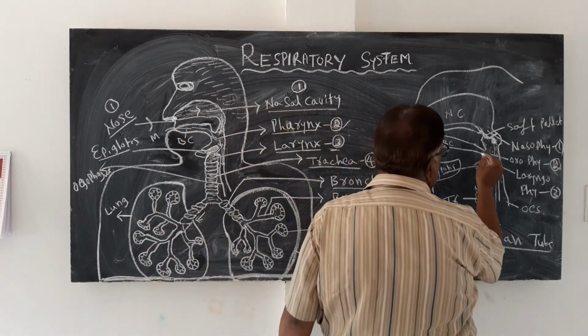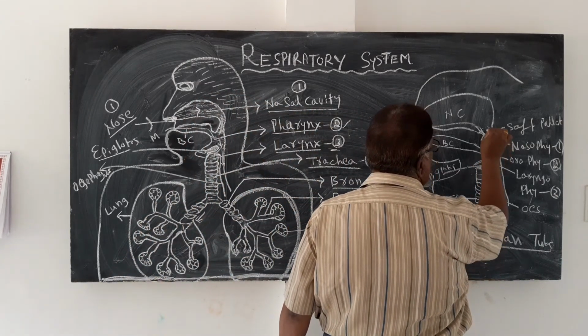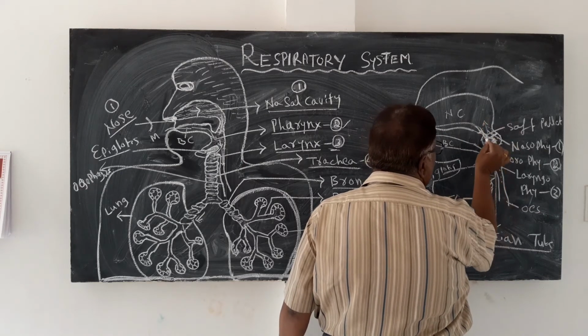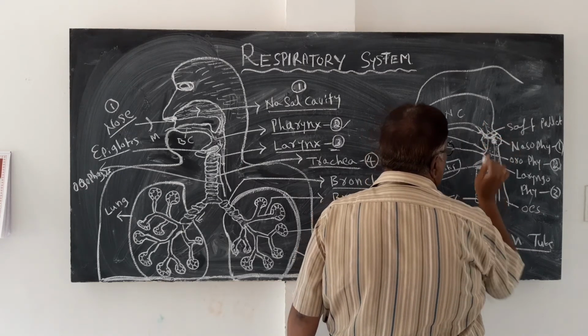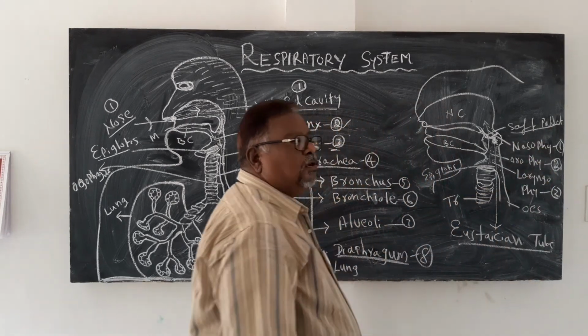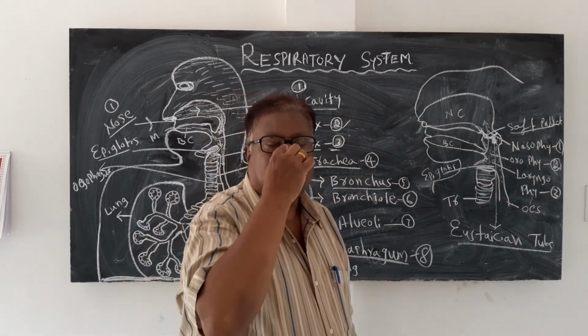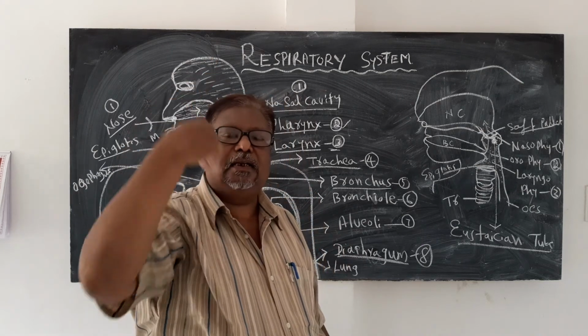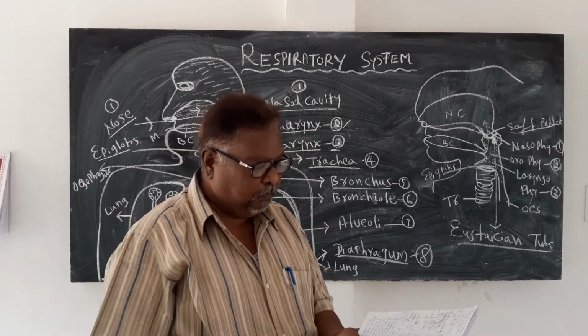When the food is taken inside, it does not enter the nasal cavity. It is stopped by this flap called the soft palate. So the nasopharynx is closed so that the food doesn't enter inside the nasal cavity.